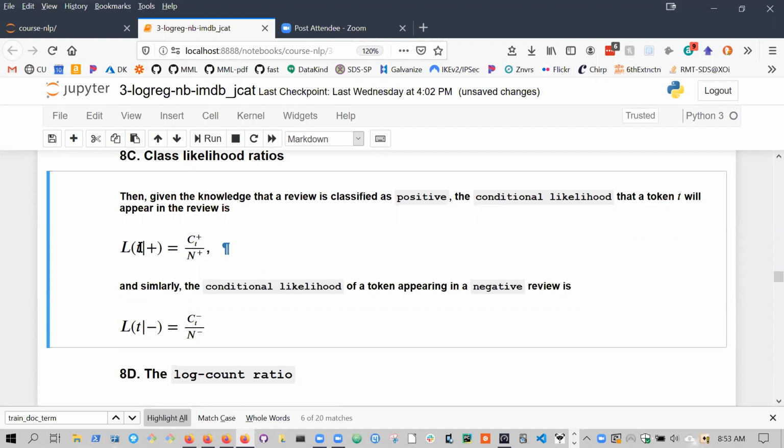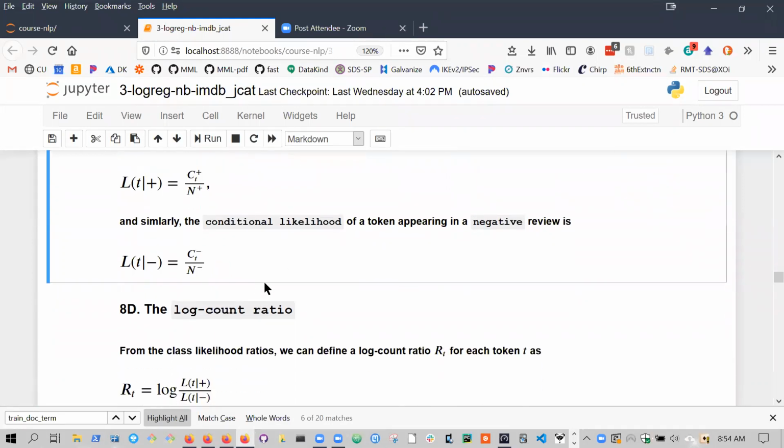The bar means conditioned on. So L of t bar plus means the likelihood of this term occurring given that the review was positive. Does that make sense? This bar notation means the likelihood of the term t given that the review is positive. And again, the likelihood of the term t given that the review is negative. And so I've defined these likelihoods that way.